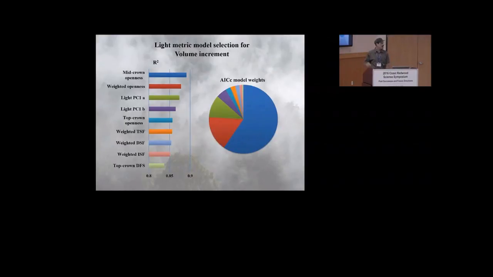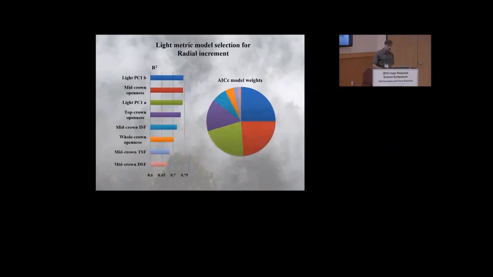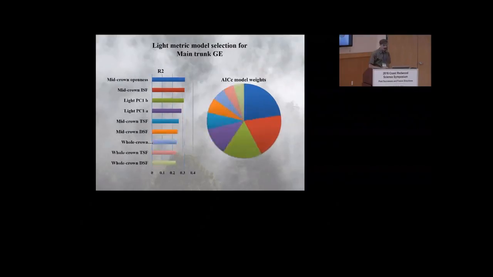And you can see mid-crown openness was the most likely model for volume increment. For the radial increment model, mid-crown openness was second, but only slightly behind the variable derived from the principal components analysis for light, which was only 1.1 times more likely than the mid-crown openness. And then mid-crown openness was the most likely model for main trunk growth efficiency.